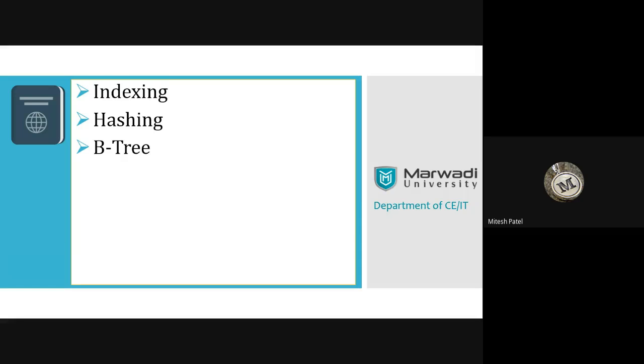The best suitable example for this index is a book index or book pages. In each and every book we have an index. According to that index, we directly go to the particular topic. That is the best example for this concept.